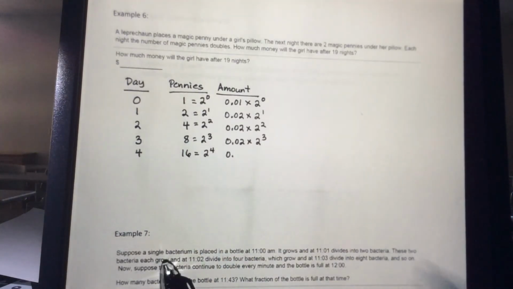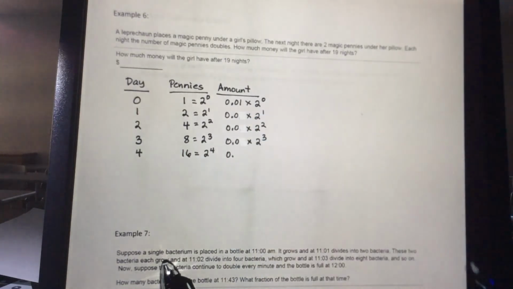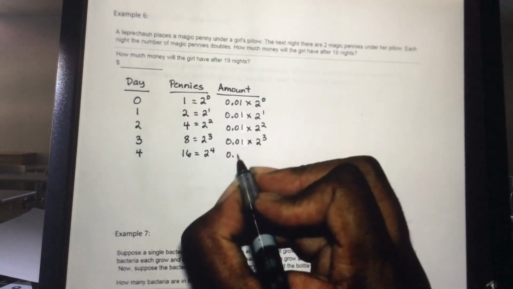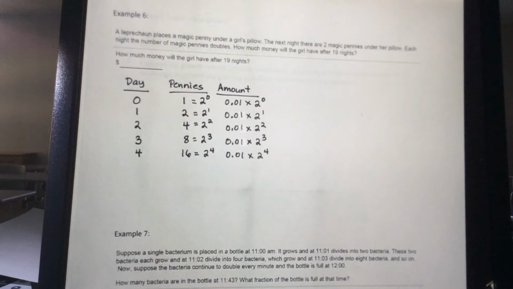This should be 0.1. Not sure where I got 0.2 from. That should be 0.01 times, and this last one, 2 to the 4th, because the amount of the penny is 1 cent, 0.01.